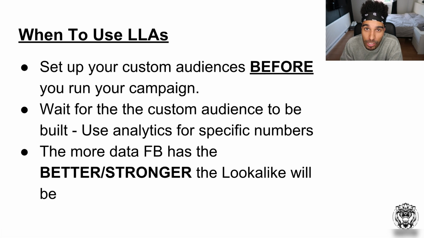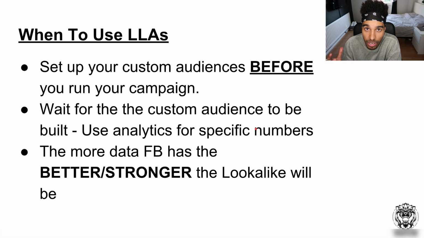But again, they're just rough benchmarks, and there are numbers to go by, but it depends on the campaign and all those sorts of things that I go off. But what you'll generally find is that if you haven't hit 1,000, in Facebook it will just say less than 1,000. Now, if you want to find out the exact numbers, okay, you have to use the analytics in your business manager to be able to find out the specific numbers.